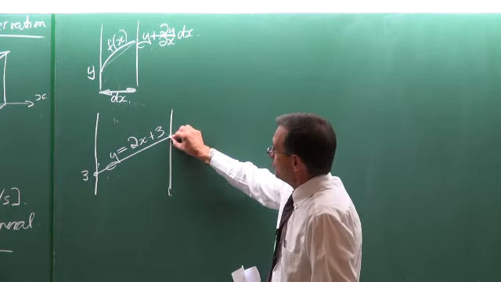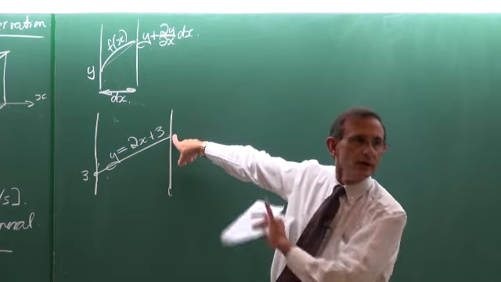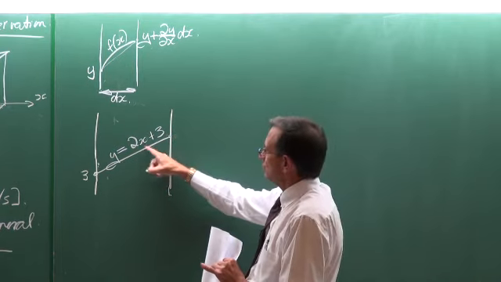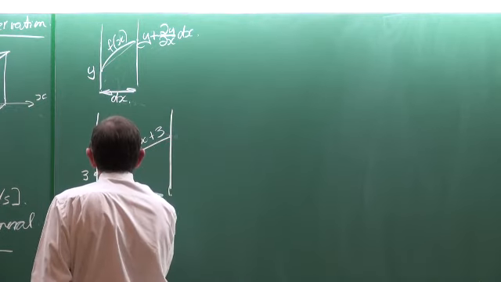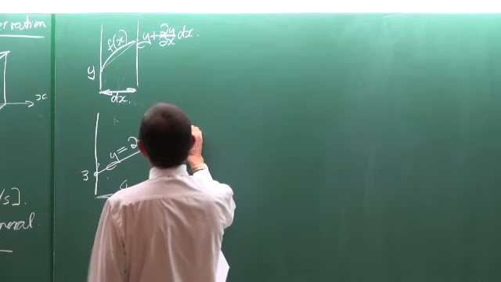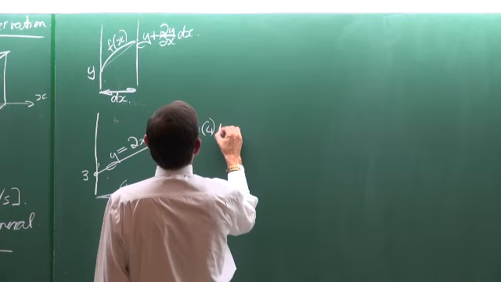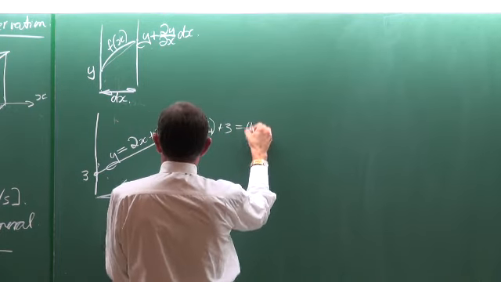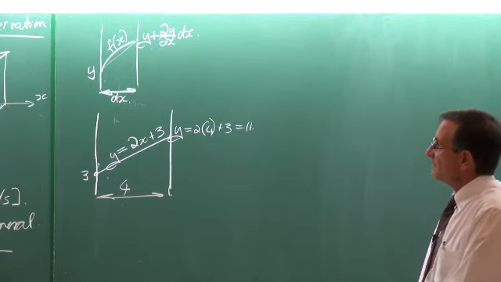What would the value be there? You would say, well, that's trivial. I know how to use y is equal to 2x plus c, especially if I give you x is equal to 4. So it would obviously be y is equal to 2 times 4 plus 3, and that would be equal to 11. You agree? So it's very, very simple.